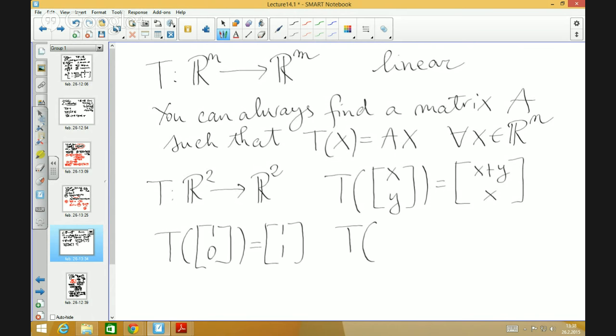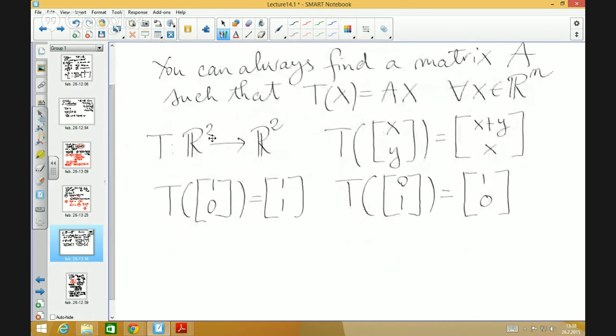What is T of (0, 1)? Well, 0 plus 1 is 1, and then we put a 0 here. So what do we do with these two vectors? Well, we use them as the two columns of our matrix A.